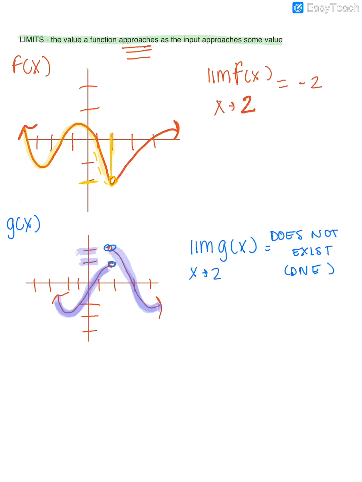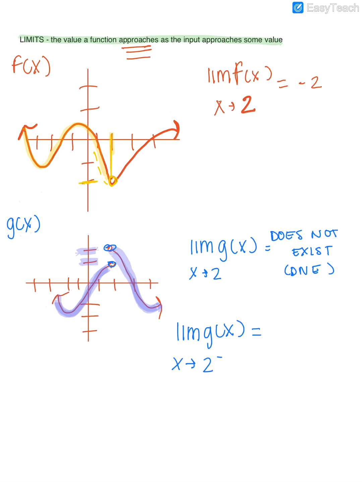However, let's say the question is asking for the limit of g of x as x is approaching 2 with a negative sign. A lot of people would think as x is approaching -2, but that is not the case. That is not what this question is asking. It's asking, what is the limit when x is approaching 2 from the left-hand side?